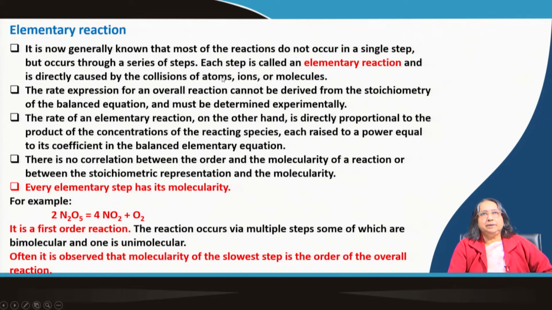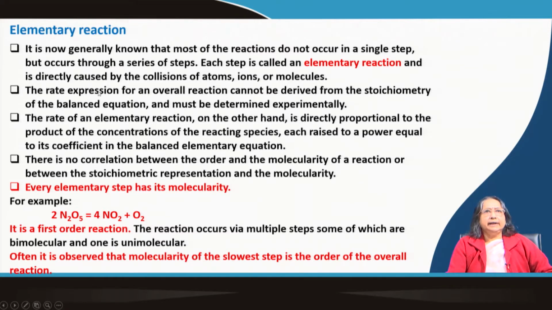Each step is called an elementary reaction and is directly caused by the collisions of atoms, ions or molecules. We all know that a reaction cannot occur unless there is a collision, and during the collision there has to be a particular threshold energy, that is, the activation energy. So any elementary step has to fulfill that condition.